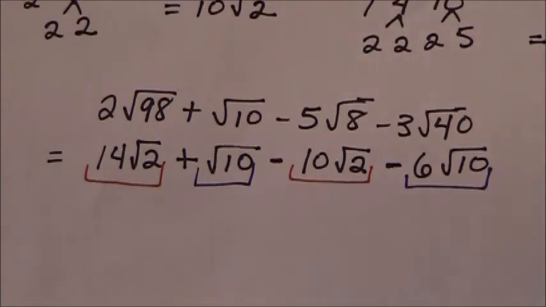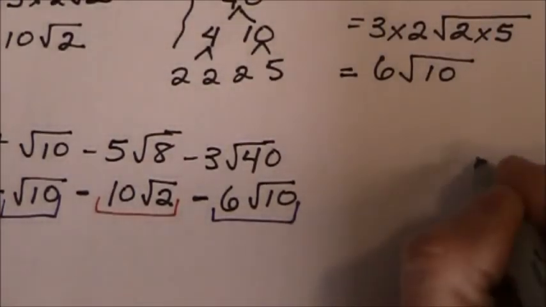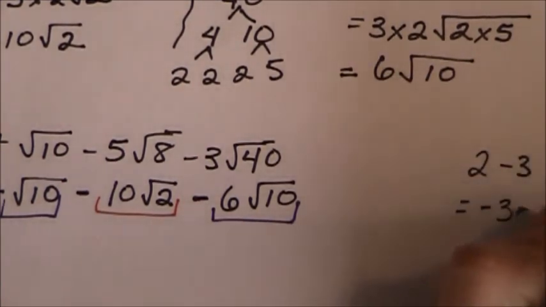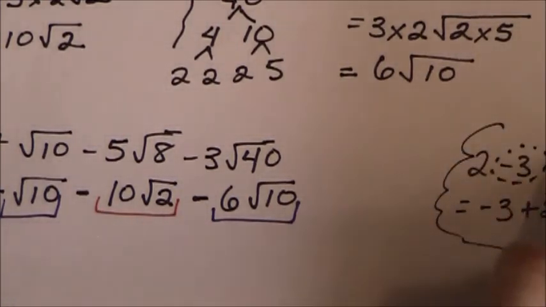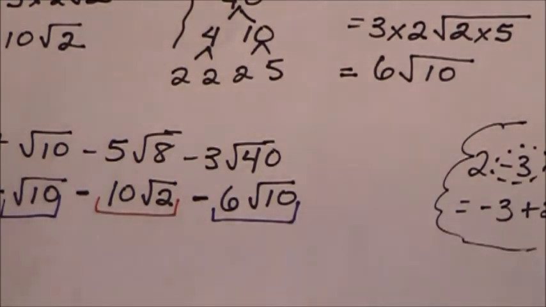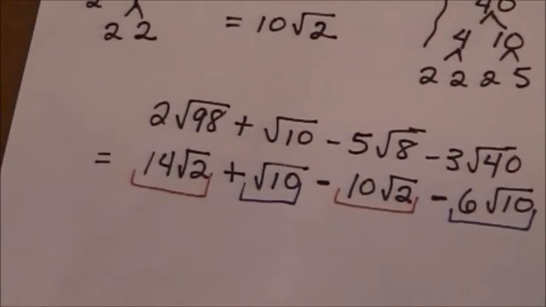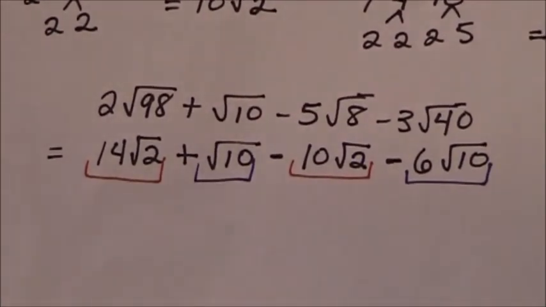So, for example, 2 minus 3, I could write that as negative 3 plus 2. So that minus sign stayed with the 3. So as we move things around in our question so that all the like terms are beside each other, we want to make sure the sign stays with the number directly behind it.